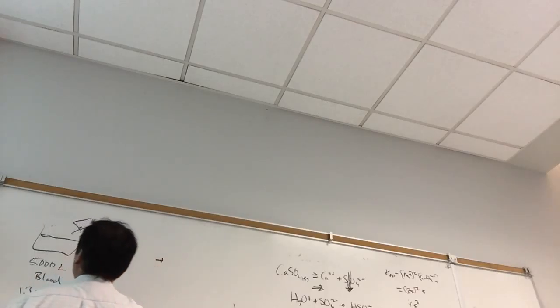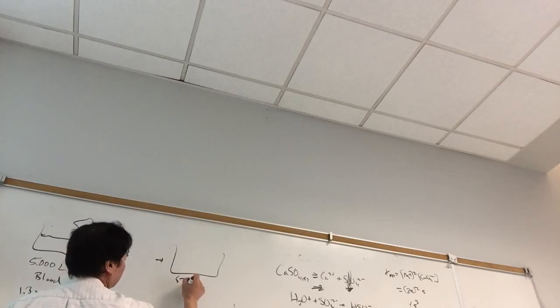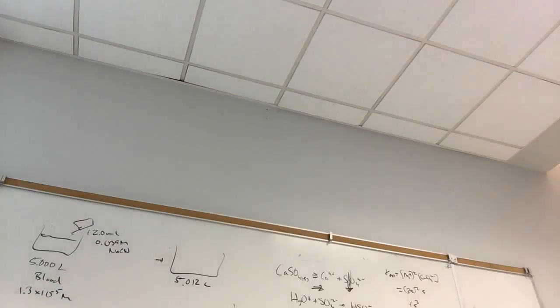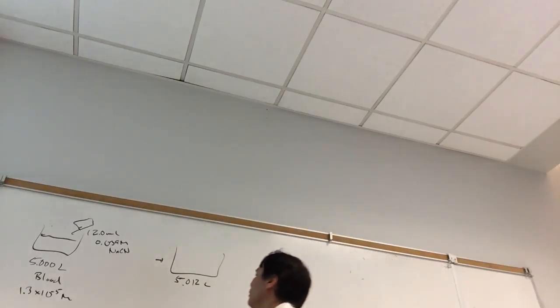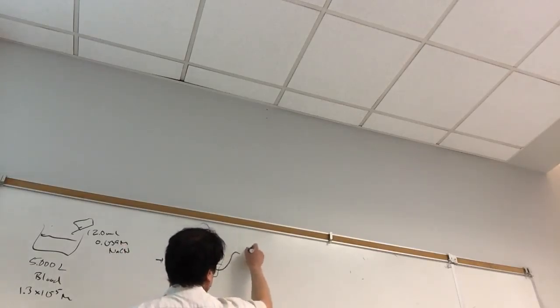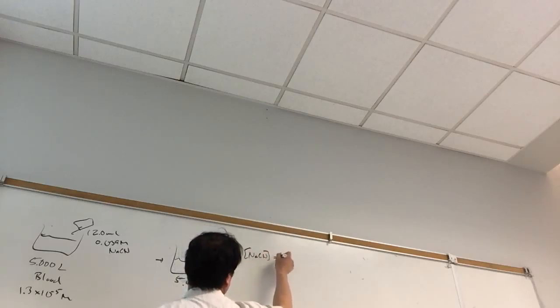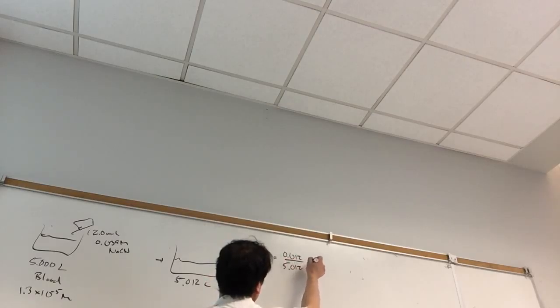And so what we're going to end up with is a total of 5.012 liters at the end. We'll just make the units the same. And so the sodium cyanide concentration is going to be 0.012 over 5.012 dilution of 0.039 molar. So what does that come out to?